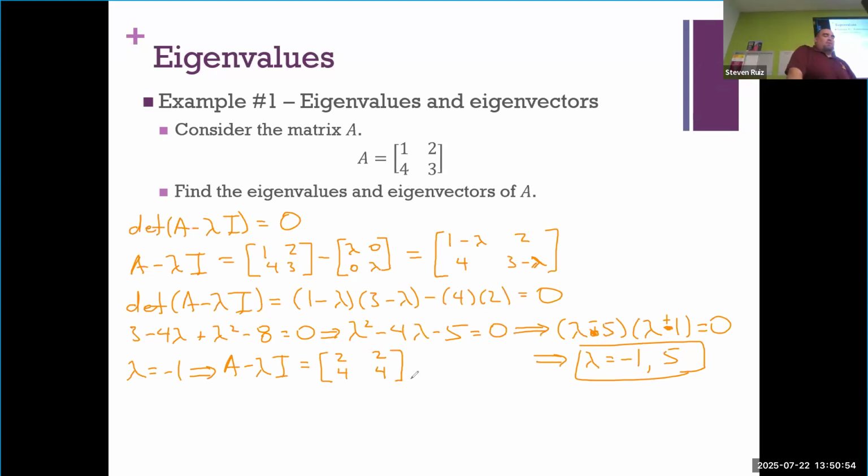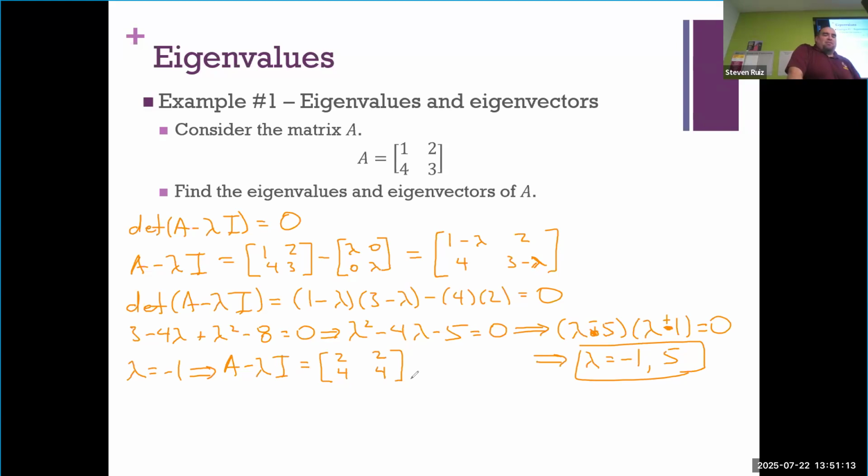If we did this right, what should be true about the matrix 2, 2, 4, 4? The determinant better be 0, because that's the way I manipulated this. Can you tell the determinant is 0, even if you don't calculate it?